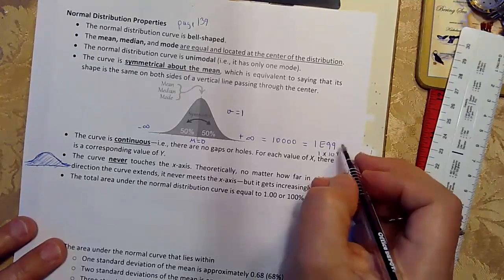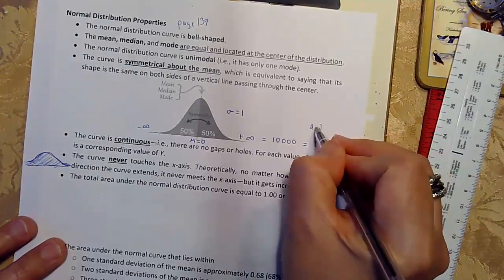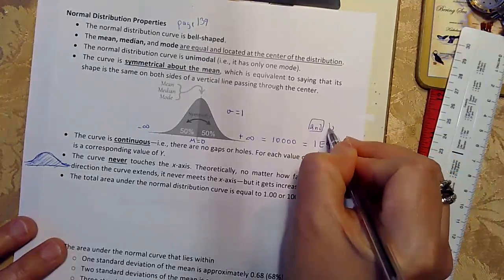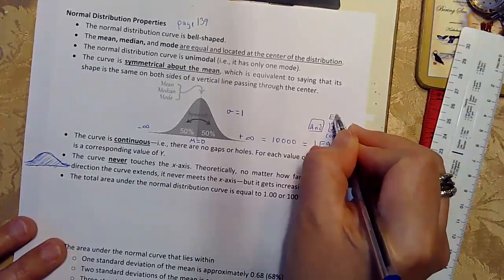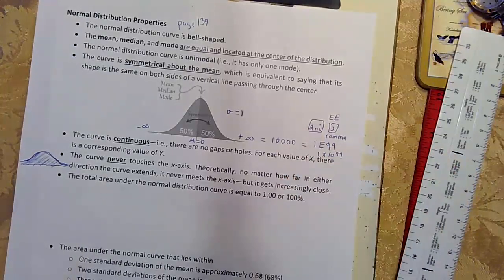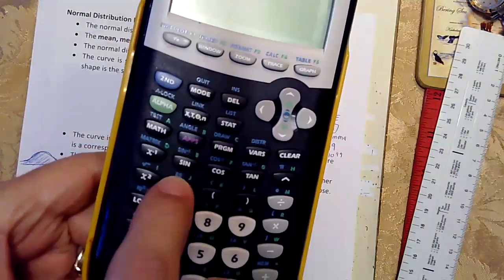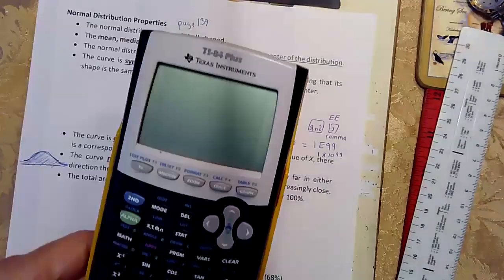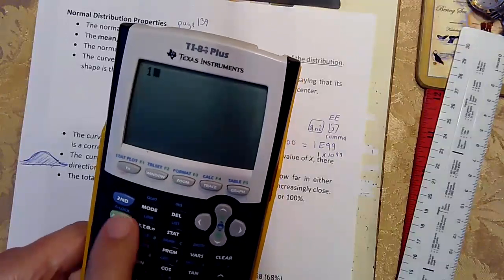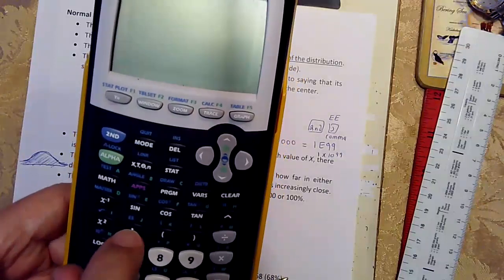To get this E, you have to use the second button on your calculator, and then the comma. If you look at the comma key, you'll see that EE there. So you see the comma right here. So this is 1, and then the second button, and then the comma. See how that's blue?